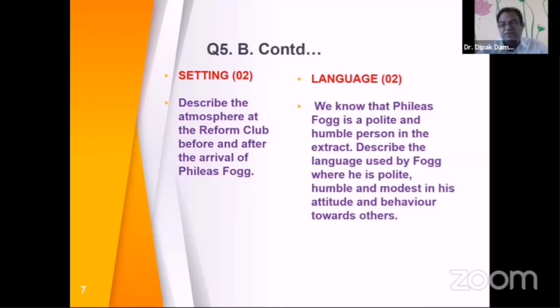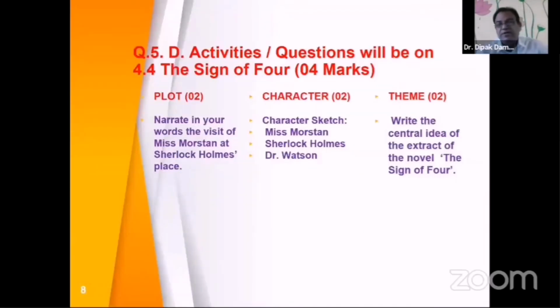And regarding the language, we know that Phileas Fogg is a polite and humble person in the extract. Describe the language used by Fogg, where he is polite, humble, and modest in his attitude and behavior towards others. So students will surely enjoy answering this particular question.